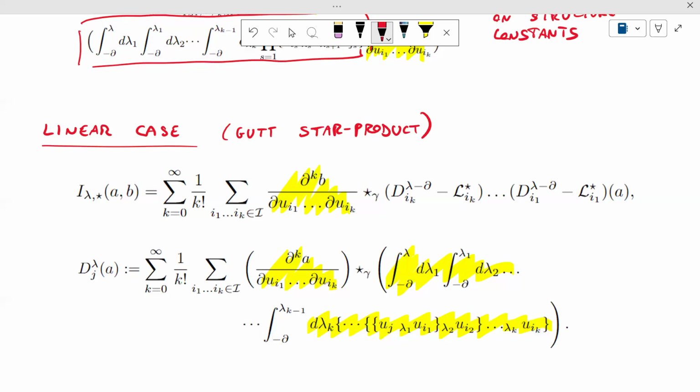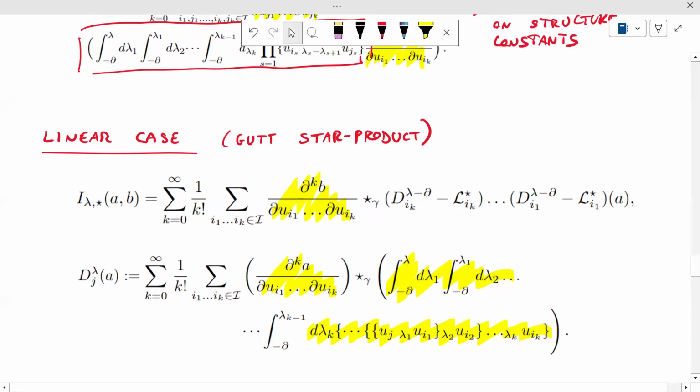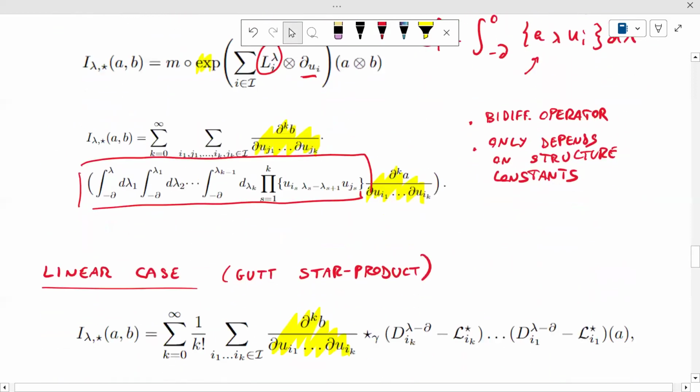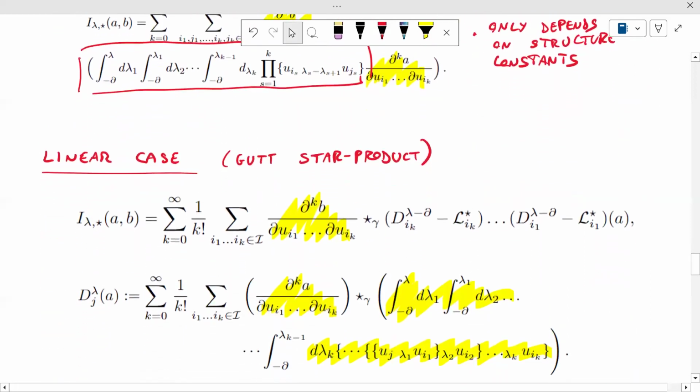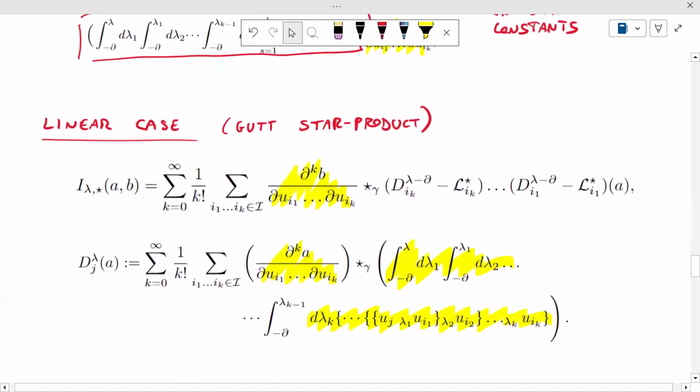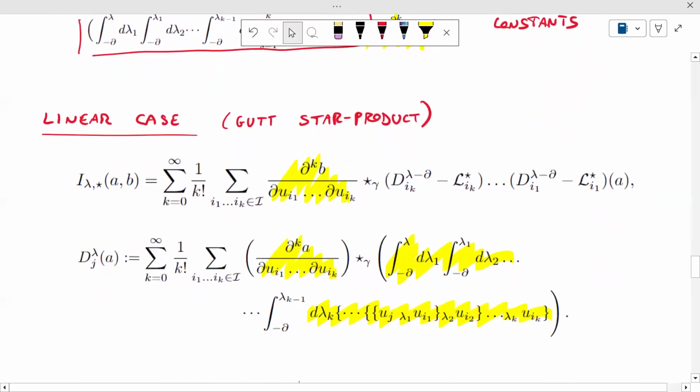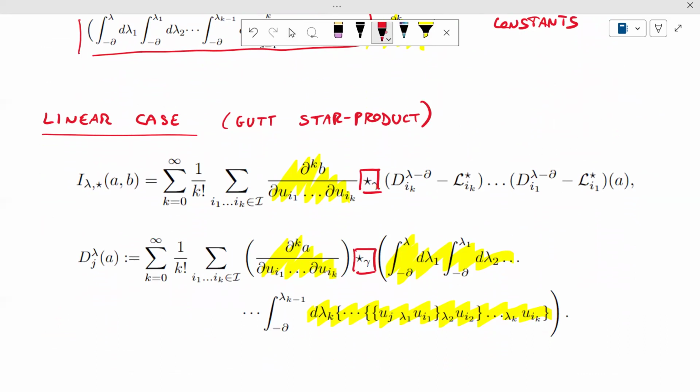Also, I should say that now we won't have anymore this fact that the algebra is abelian, but that in fact is not the main complication. In fact, that only influences this bit here. So now these things are actually good star products.